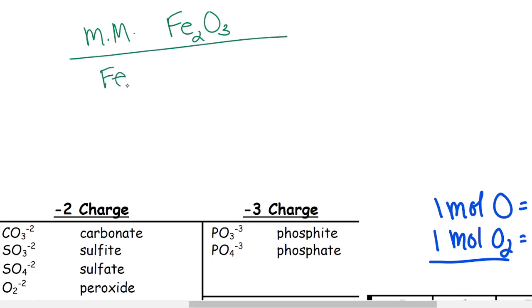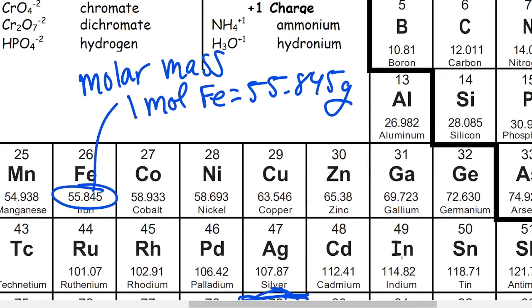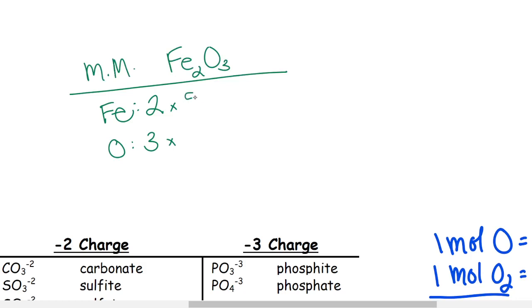I would take my iron and my oxygen. I have 2 iron atoms and 3 oxygen atoms. And we're just going to multiply each of those by their molar masses on the periodic table. So iron is 55.845. And oxygen is 15.999.